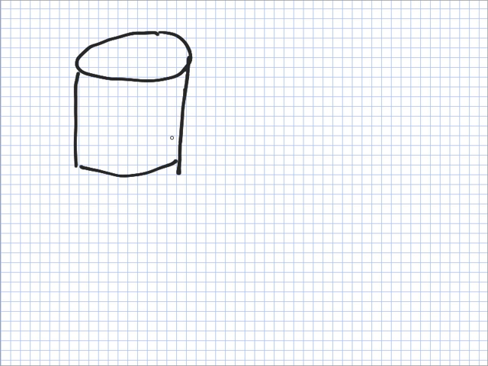Right. They have given me the surface area. The surface area is the area, if you imagine that the cylinder was wrapped in paper, it's the area of the paper that's wrapping around it.